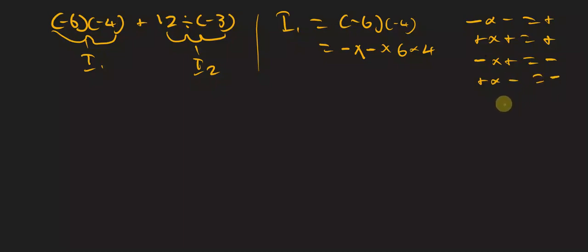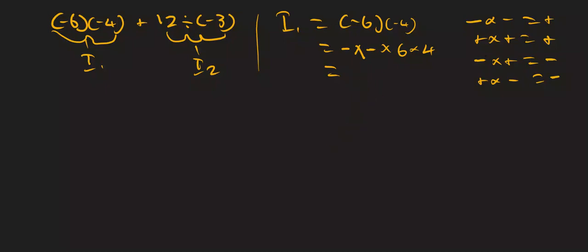Do you guys see the pattern? If the signs are the same, it gives you a positive answer. And if the signs are different, it must give you a negative answer. Now in this case, since the signs are the same, we have a positive.